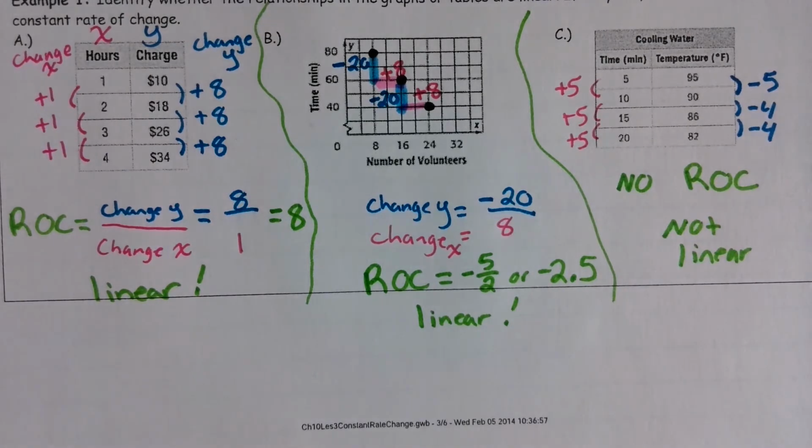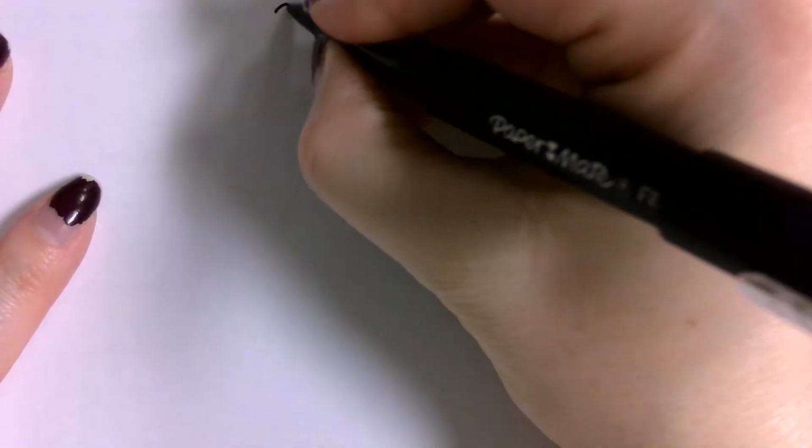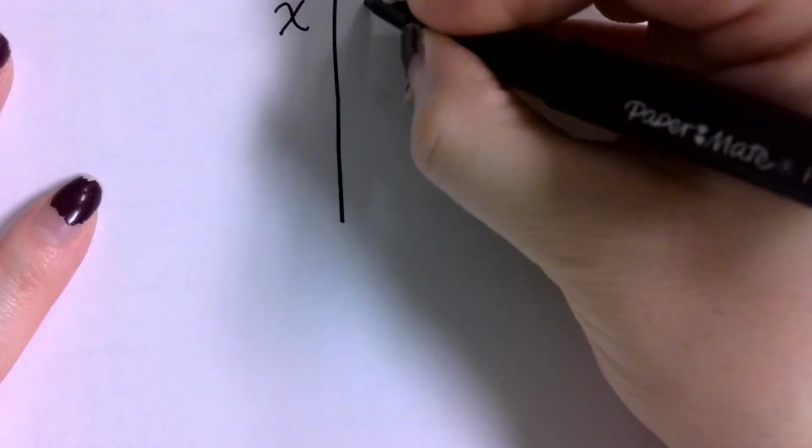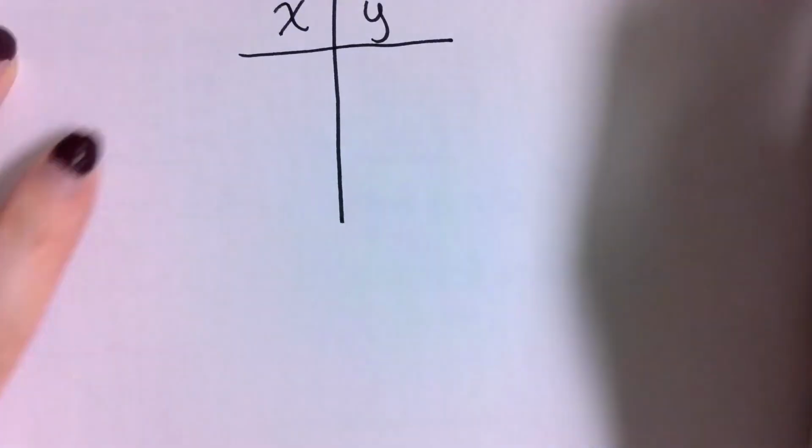Now, what I was saying before, that it's okay to not be consistent all the time, let me show you what I mean. Let's say that we have a table. You don't need to copy this down, but I just want to show you.